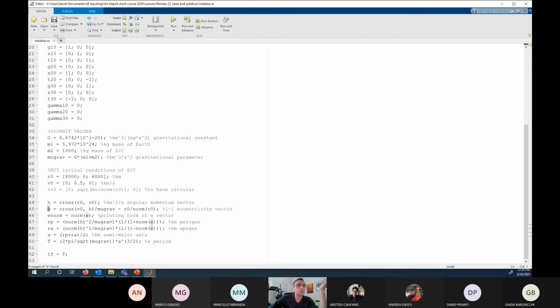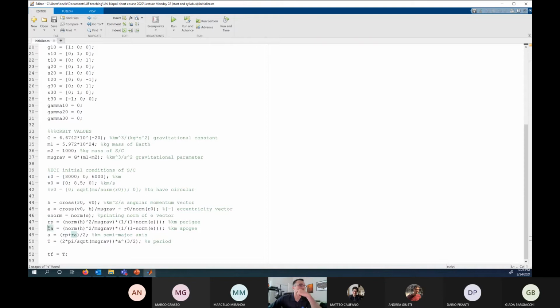The eccentricity vector is the cross product of velocity and angular momentum divided by mu, minus the position vector normalized. And this is constant. So you can do this with any velocity and any position along the orbit. It will still give you the same vector because this is a Keplerian orbit. So no matter where you do it, it's going to work. And this is just the norm of the eccentricity.